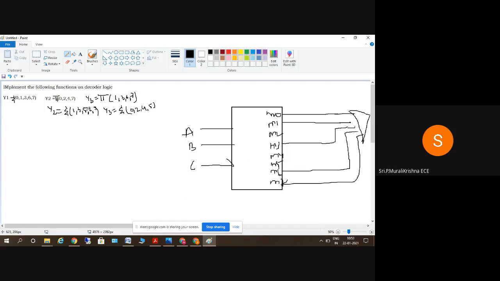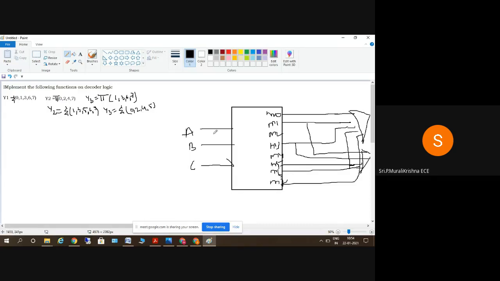And y2 is 1, 3, 5, 6: here we have 1, we have 3, we have 5, and we have 6. All these four are given to another OR gate.